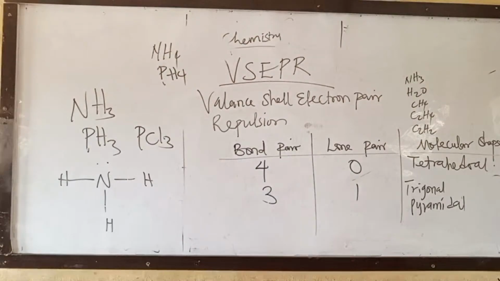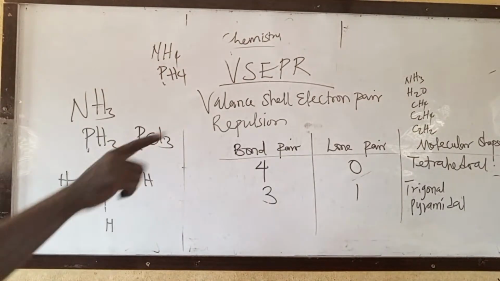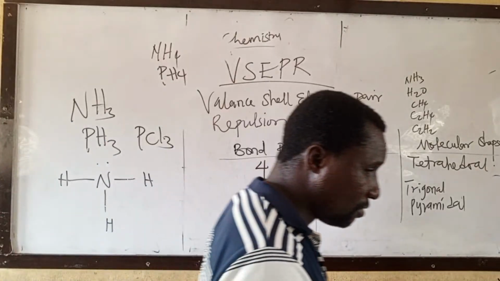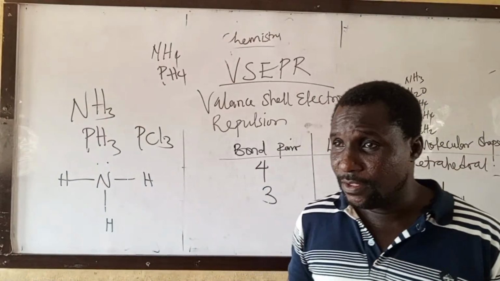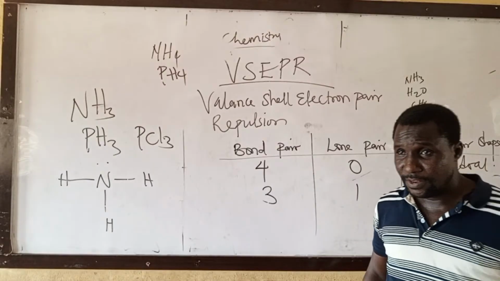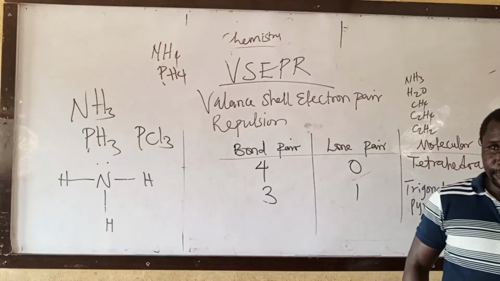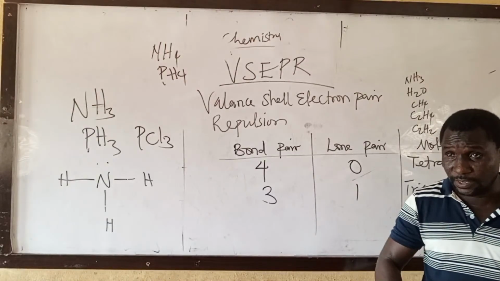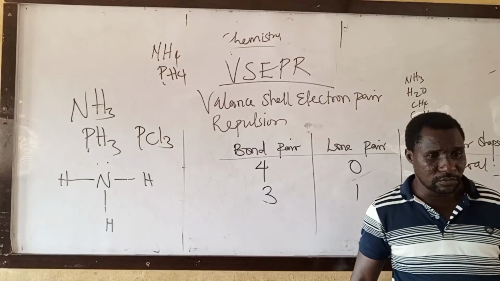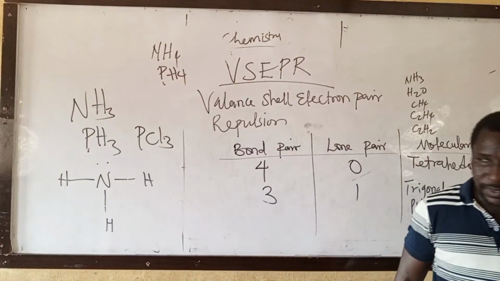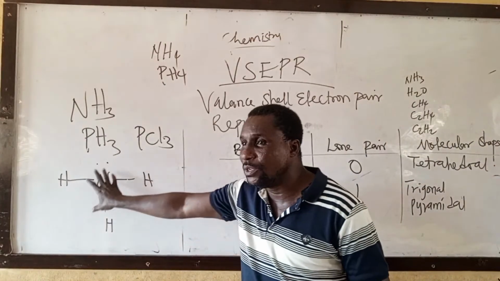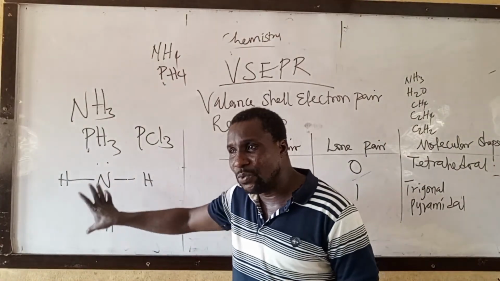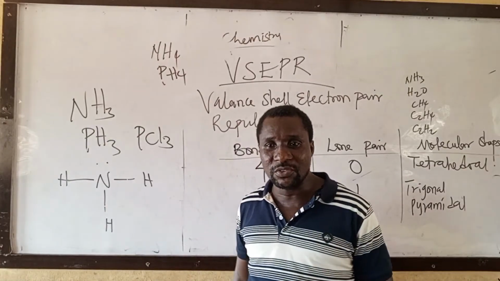I will teach you when you resume Lewis structure. You don't bother. Before you go for your exam, I will teach you so you understand. All these things are Lewis structure. There's a way we draw Lewis structure.